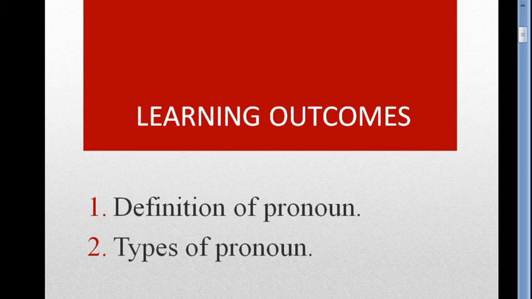Today's learning outcomes are: after this lecture, you will be able to know the definition of pronoun and types of pronoun.